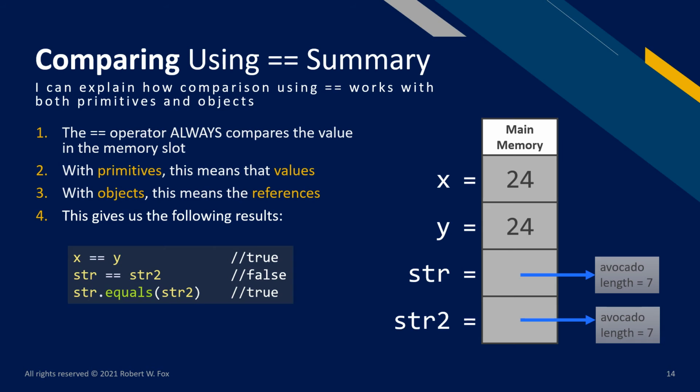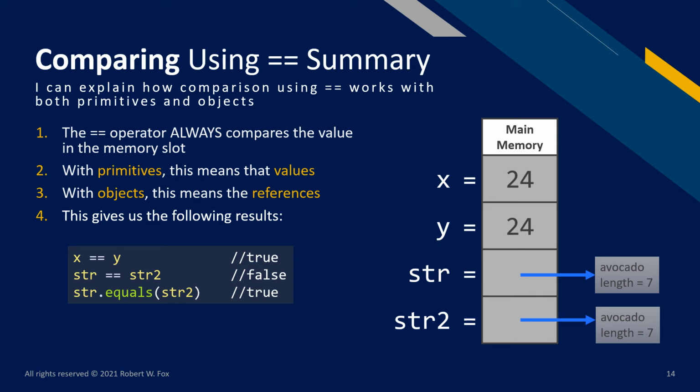Let's quickly summarize what we've just talked about. So when we use the equal equal operator, it always compares the value in the memory slot. So with primitives, that means we're comparing the actual values. Does 24 equal 24? But with objects, this means the references. So when we say does str equal equal str2, we're not just looking to see that they're both references, but we're checking to see if they reference the same object.